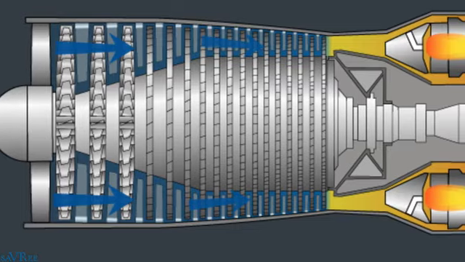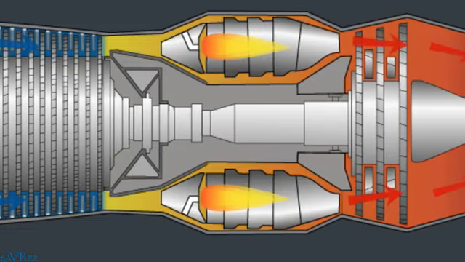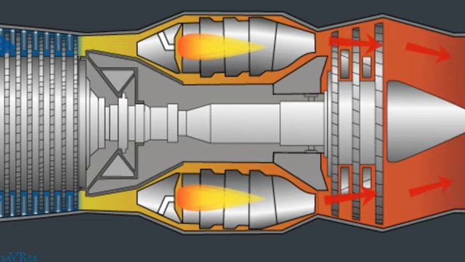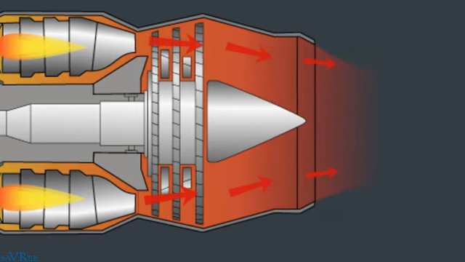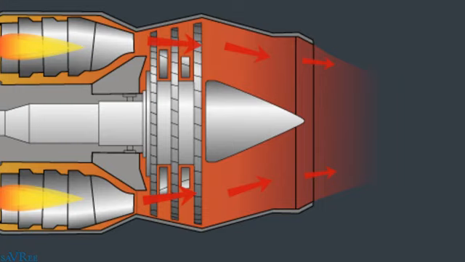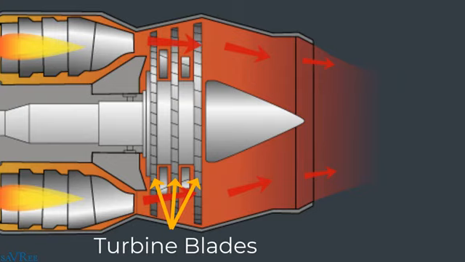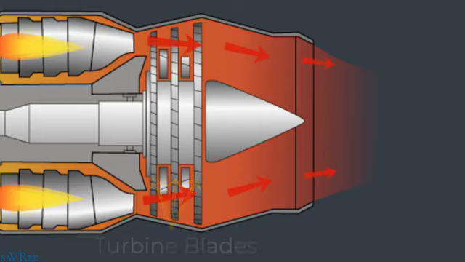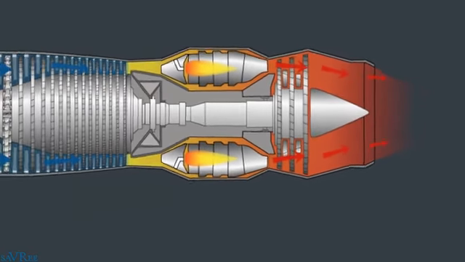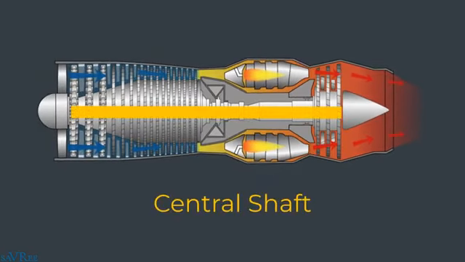Then we're feeding that compressed air to the combustion zone, where we ignite fuel to heat up the air, and then this hot air, this hot gas, is discharged from the combustion zone across a turbine, and as it passes over the turbine blades, they are going to move, and that's what's going to cause the shaft, the central shaft, to rotate. The central shaft is connected to the compressor. All of the blades in the compression zone are referred to as the compressor. Each row of blades is referred to as a stage.